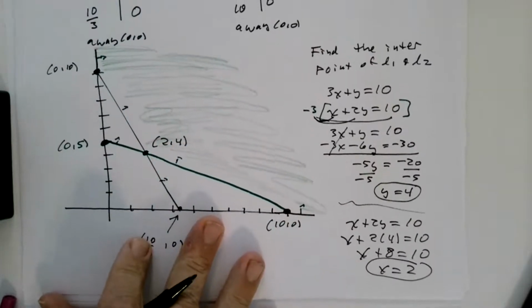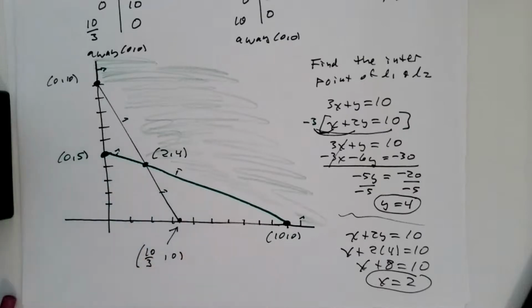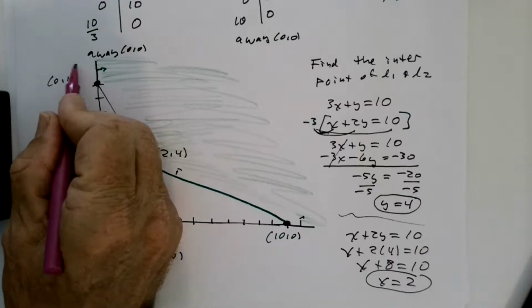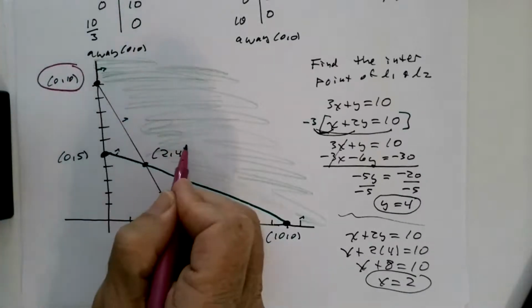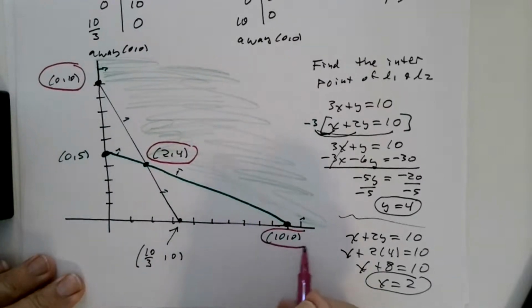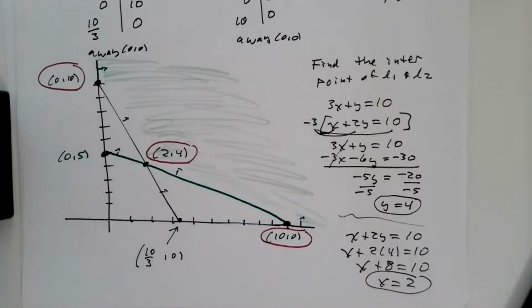So I have a total of 3 corner points here. The 3 corner points are 0, 10, bordering the feasible region. 0, 10 here, 2, 4 here, and 10, 0 here. Now, what do we want to do with those? We want to minimize. What was our original question?